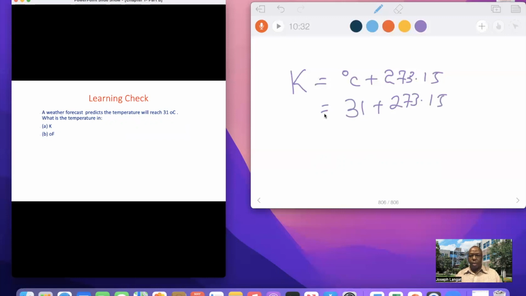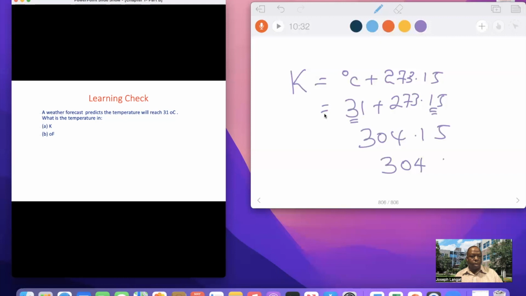We'll look at the uncertainty later on. This is 304.15. This has no place of decimal. This has 2 places of decimal. So our answer will have no place of decimal. We will see later on when we get to significant figures, and include the units.